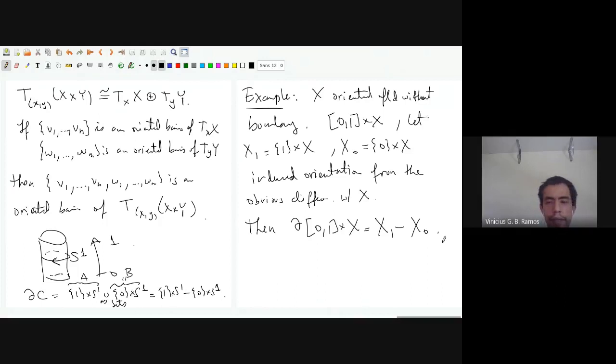Okay, and why is that? Well, it's a very similar calculation to here. Basically, what's an oriented basis here?